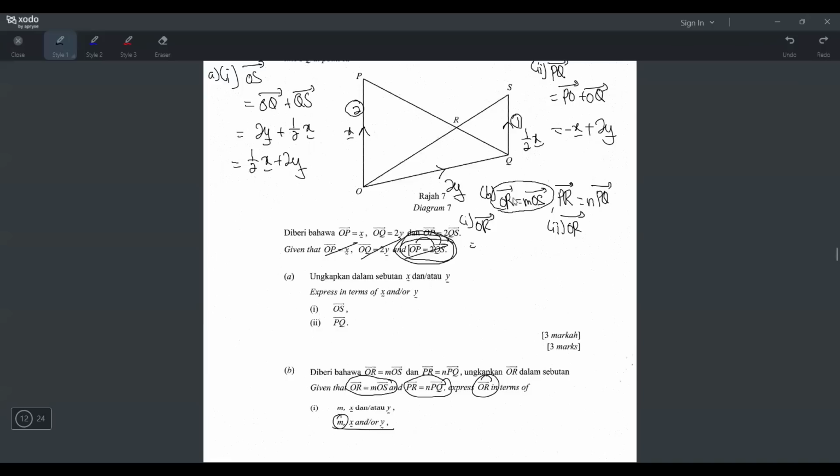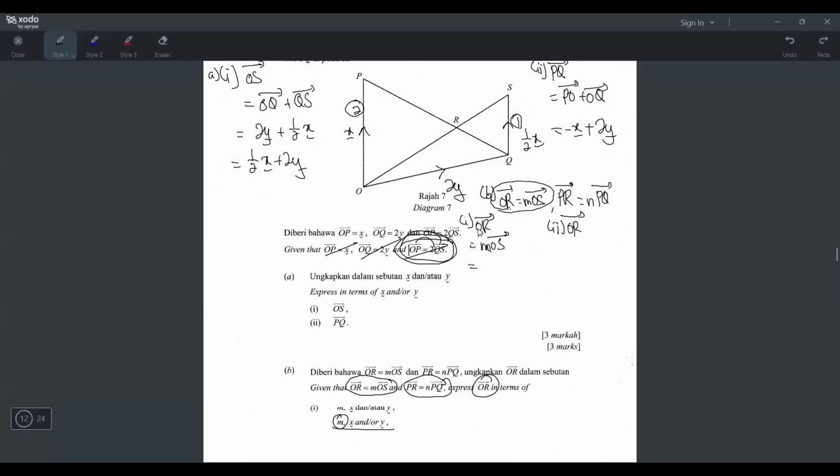And let's look at the information now. OR equals to m OS. Can you see dia sudah bagi siap-siap? Ini OR, dia sudah bagi siap-siap. So kalau dia sudah bagi siap-siap, tak payah buat jalan lain dah. Just ikut saja. Ini OR, ini pun OR, m OS, tulis je dekat sini. Ini senang lah sebab dia dah bagi siap-siap dah. Tapi number 2 nanti dia tak bagi siap-siap. Number 2 nanti dia nak OR tapi ni bagi PR kan. So nanti itu saya ajar nanti.